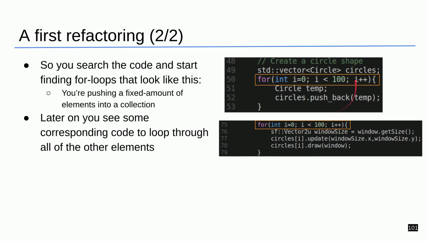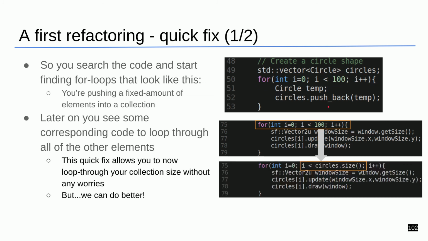We already found out this is a problem if we have variables here. But we know in the vector class, there's a handy .size function that'll tell us how many items we've pushed into this data structure, this sort of container. And now we don't have to worry about having different values in different places. Okay, i less than circles.size.